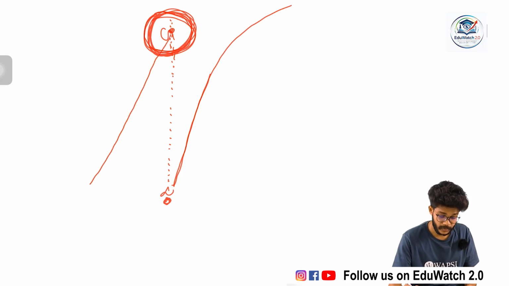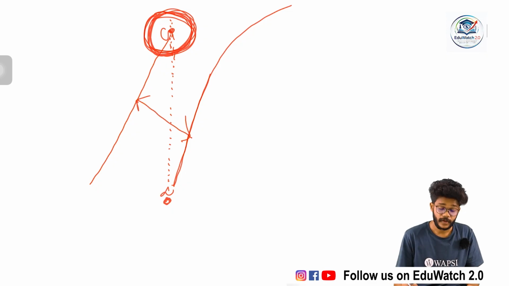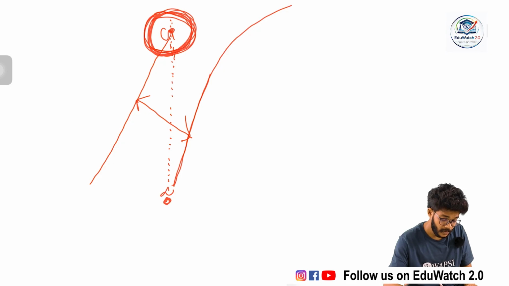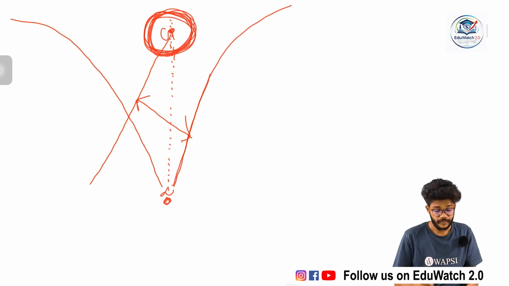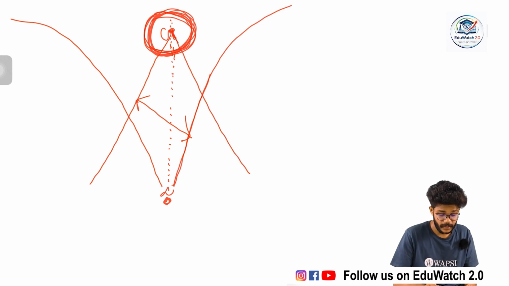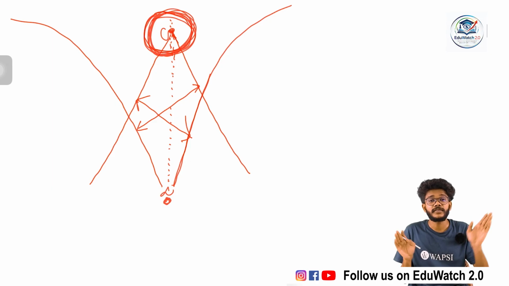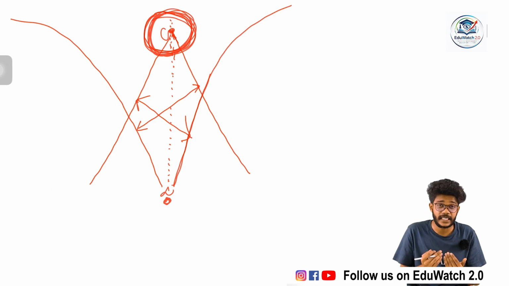From the center we draw a perpendicular to the straight line of motion, and this will be the impact parameter. By increasing the impact parameter, the angle of deflection will decrease.